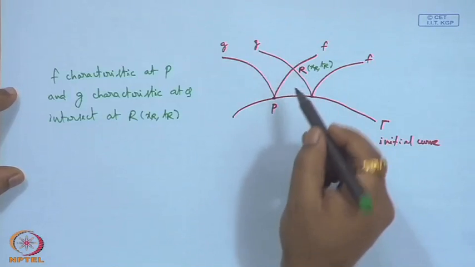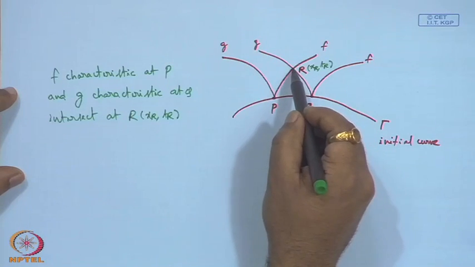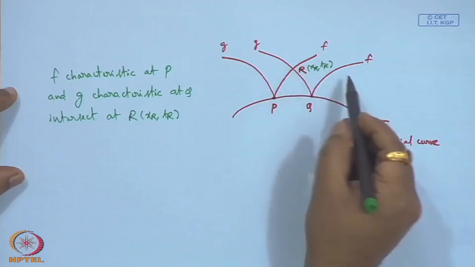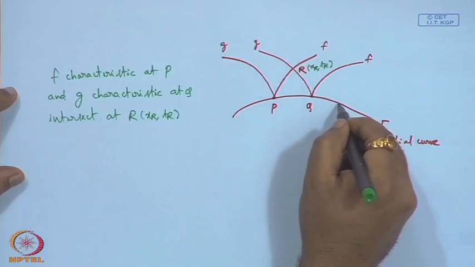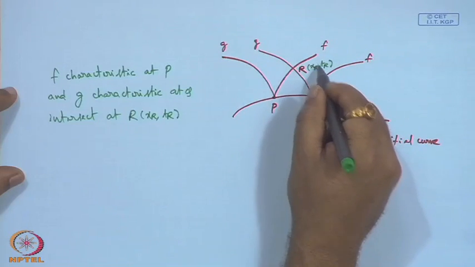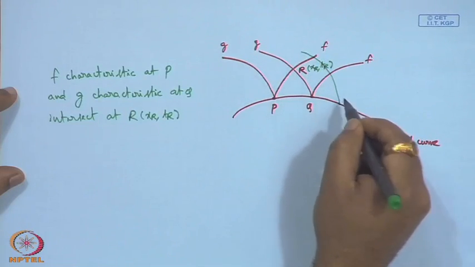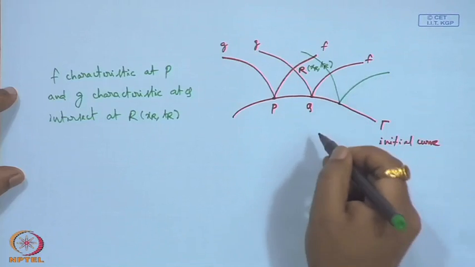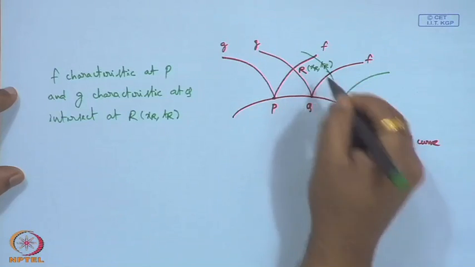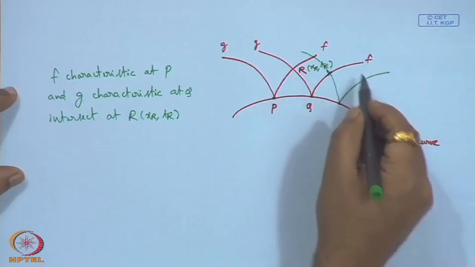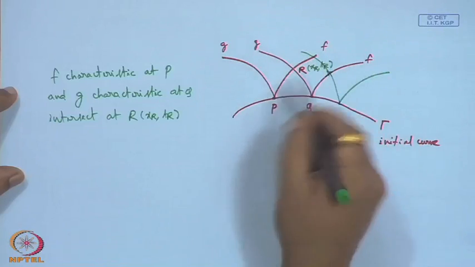The idea is we would like to compute the solution at this point. Suppose if you consider another point, then again we will have the next point of intersection, then higher levels similarly.